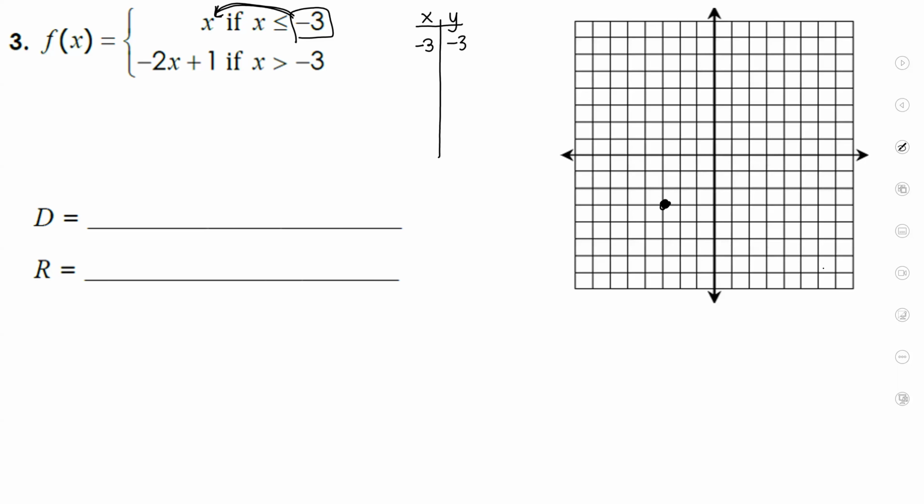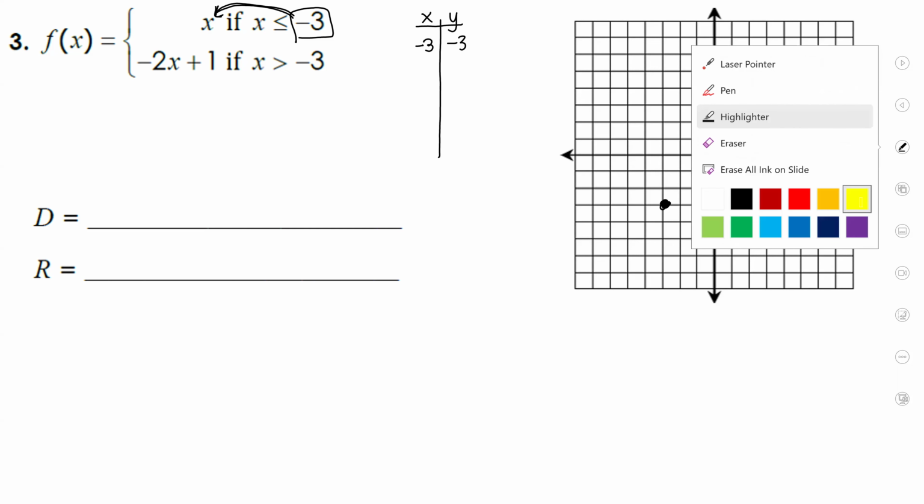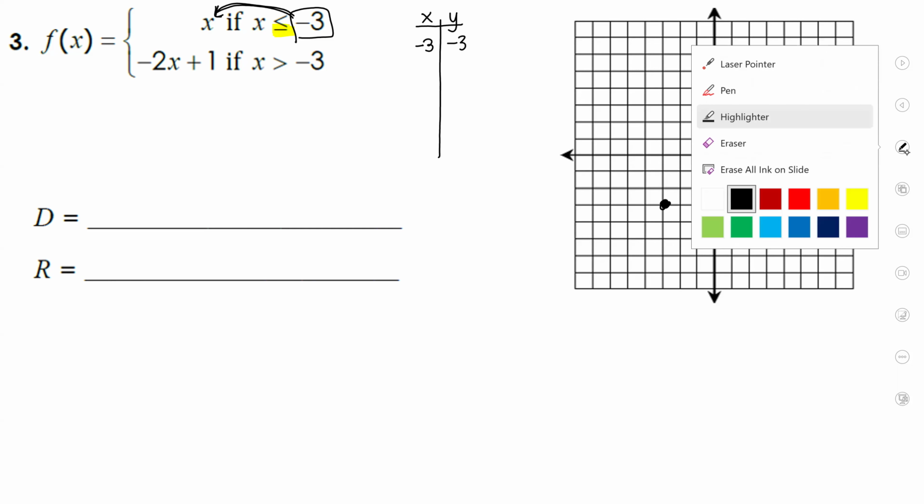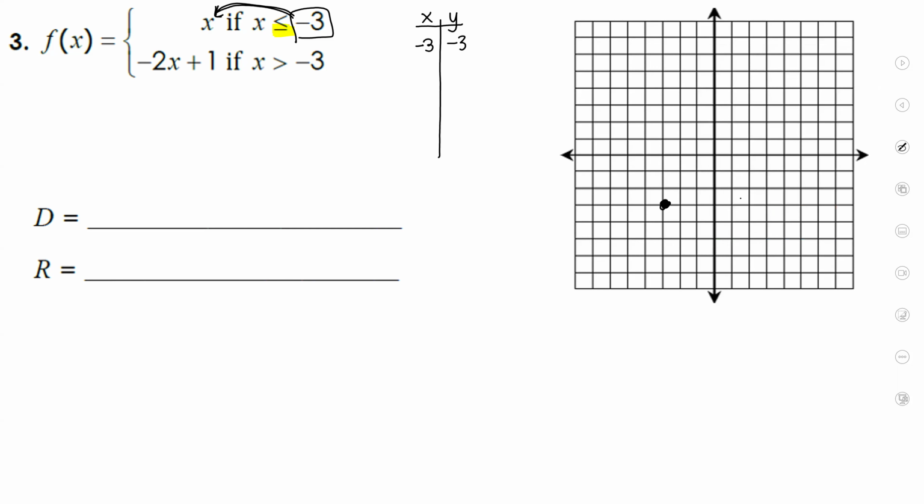Can someone tell me why this is going to be a closed circle and not an open one? Exactly, because this has an equal to sign underneath. That's why it has to be closed. Okay, so guys, let's finish my line. This is a linear function. What's the slope? It's just one. So I'm just going to continue my line.